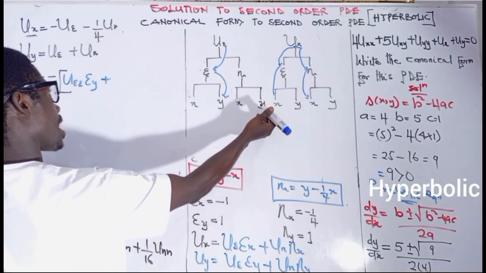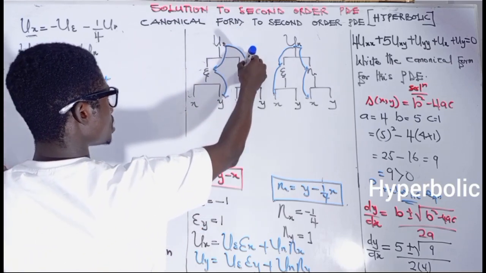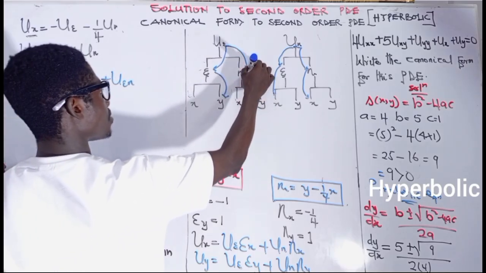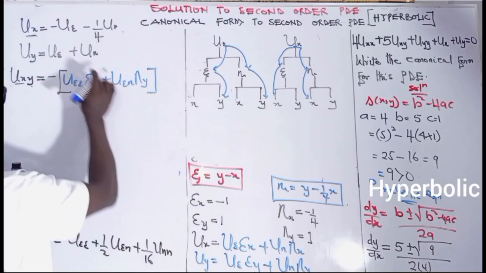We also have another y on the u zeta, so we go in this direction, u zeta eta, then we have eta y. So we are done with u zeta.